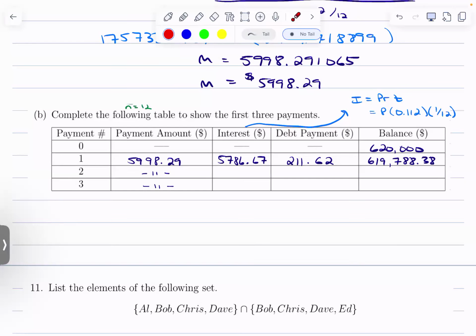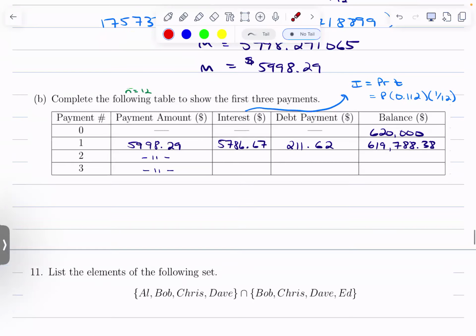As a way of checking your work, this answer should be slightly less than the first one, right? Which it is. Let's say $2 less, right? Because you're paying interest on a little bit less money.